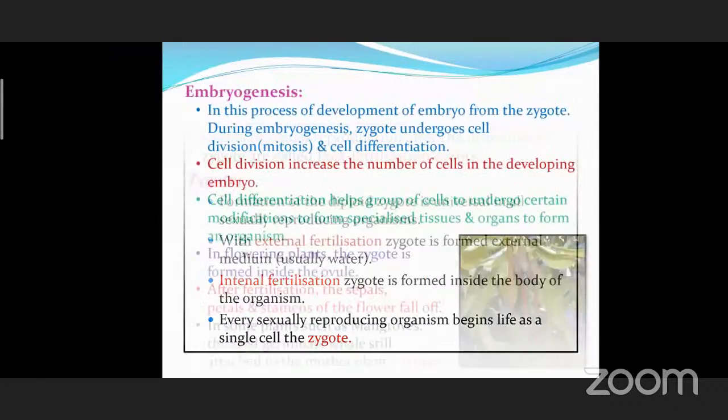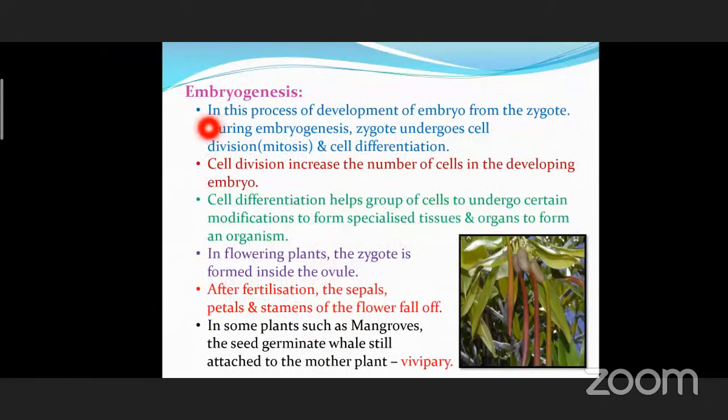We'll go to the next slide. Embryogenesis. The zygote develops into the embryo. In this process, the embryo develops from the zygote. During embryogenesis, the zygote undergoes cell division, that is mitosis, and cell differentiation. Cell division increases the number of cells in the developing embryo.